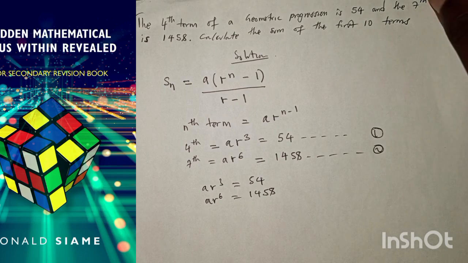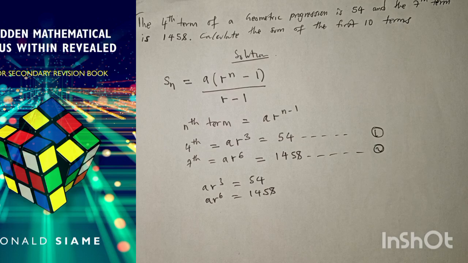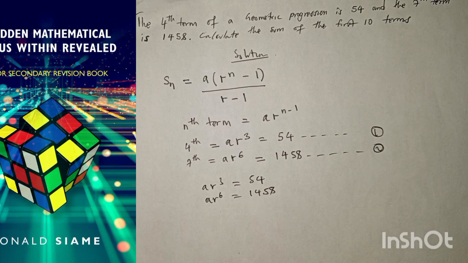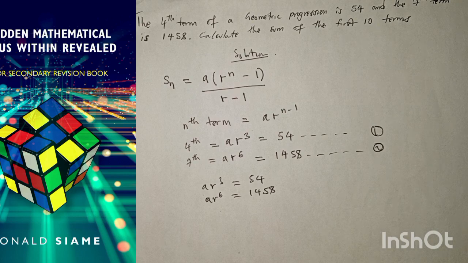To solve, we are supposed to have just one variable in an equation, then it will be very easy. So we need to eliminate one of the two variables, A and r. Which variable is going to be easier to eliminate?